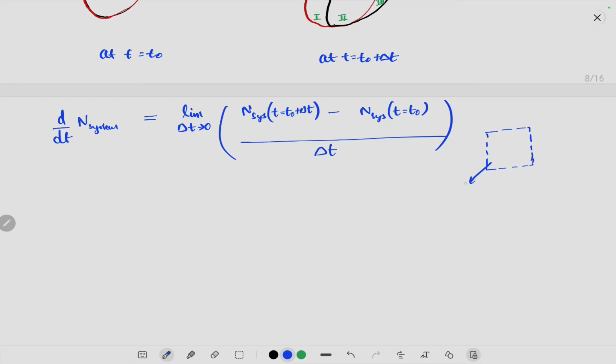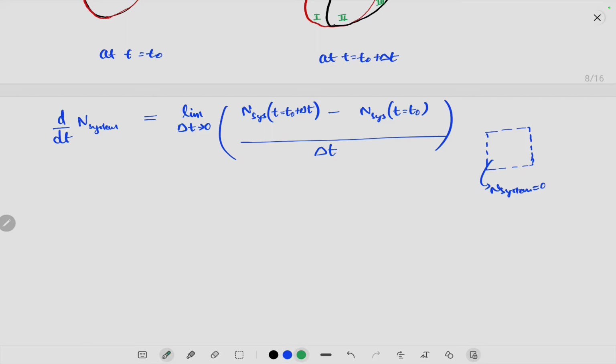Obviously, if this is empty, N system will be 0, because the system is the fluid particles or infinitesimal fluid elements, and there is nothing inside this imaginary boundary.